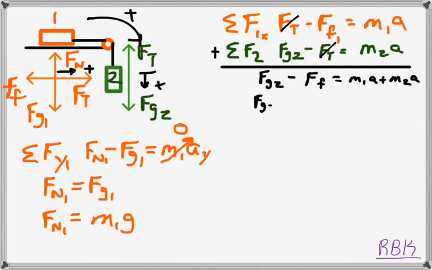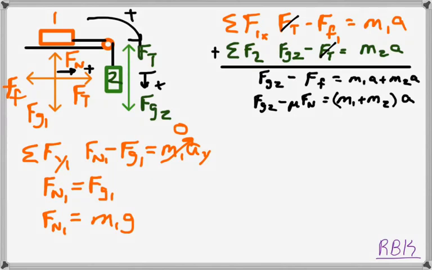If there weren't friction, these equations would look identical, except there wouldn't be friction in the orange equation, and there wouldn't be friction right here. But if there is friction, we've got to account for it. Friction is the coefficient of friction times force normal.